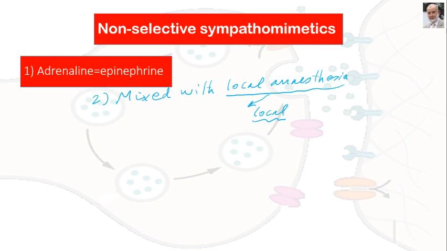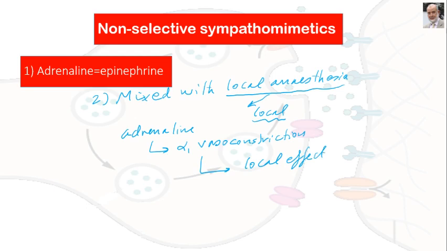So in this case, we use local anesthetics to have a local effect. When they are mixed with adrenaline, as we know, adrenaline produces alpha-1 action, which is vasoconstriction. So vasoconstriction will take place at the site of administration. This means that the local anesthetic will have a local effect, and we reduce the chance of systemic action, systemic toxicity usually.